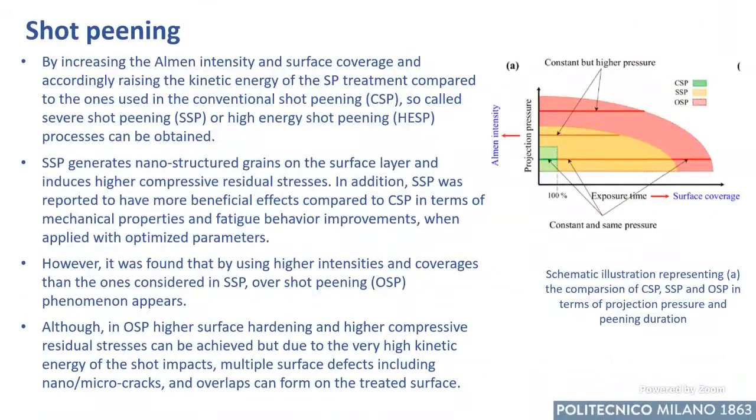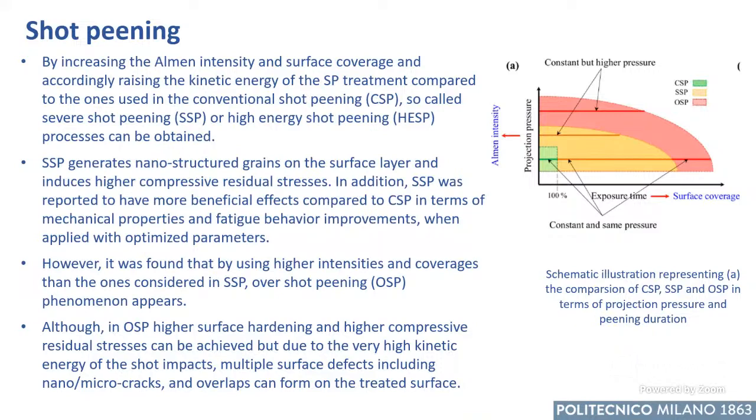And here, in this graph, we can summarize what shot peening can do. Here we have the coverage and the Almen intensity on the two axes, horizontal and vertical. We see that if, here, 100% is the coverage, and the pressure, and so the Almen intensity, is low, we have the so-called traditional shot peening.